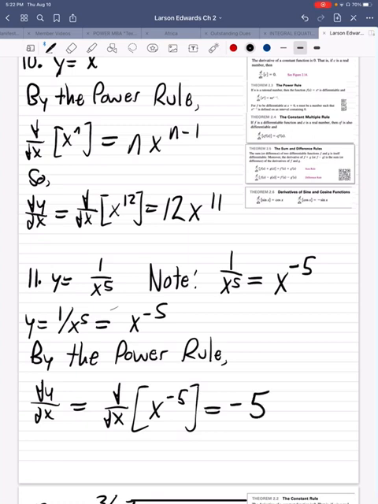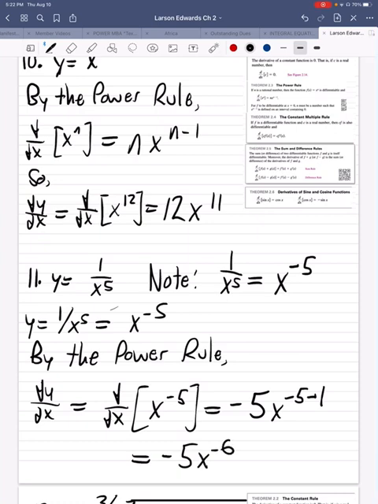The power this time is negative 5 times x to whatever you see as the power minus 1. In this case, negative 5 minus 1 becomes more negative. So we get negative 5x to the negative 6.